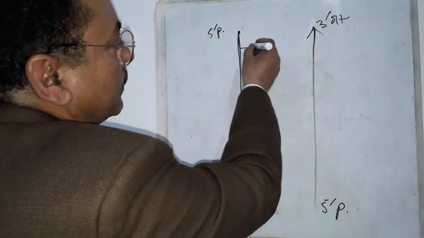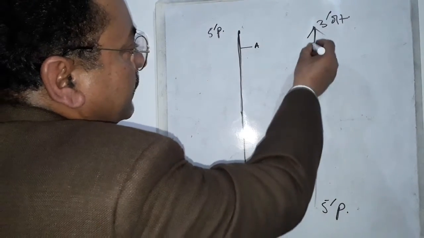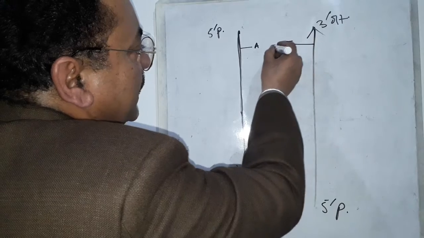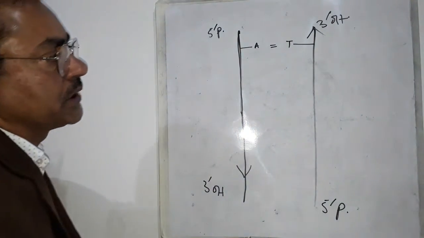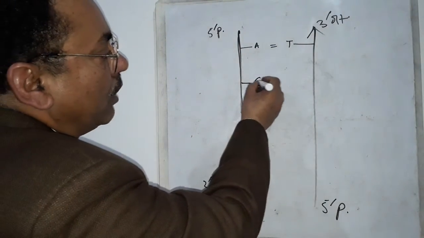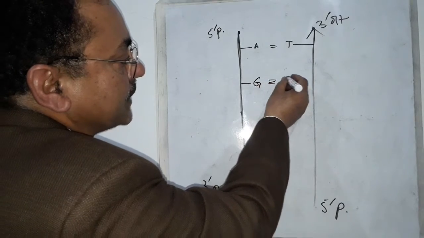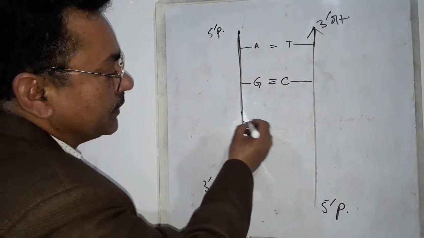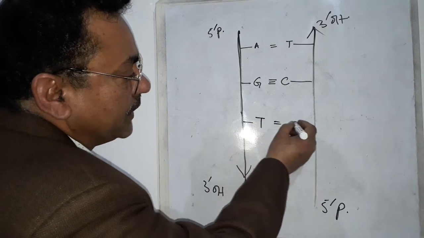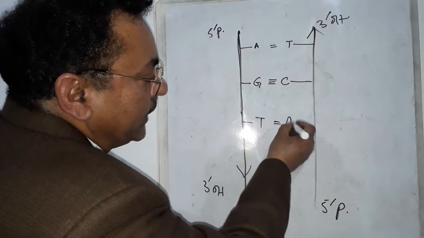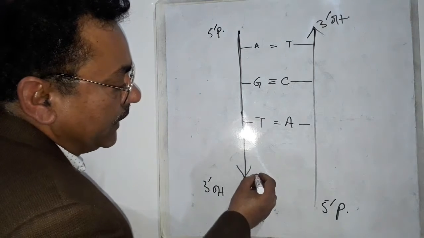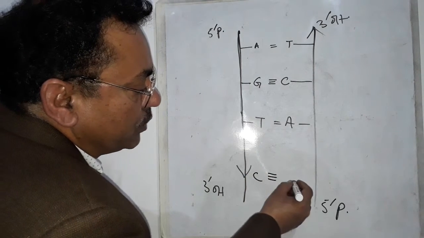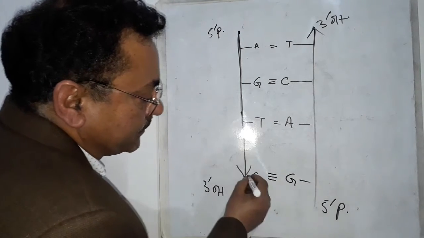Now, adenine is paired with thymine by means of a double hydrogen bond. Here guanine is paired with cytosine of this by means of a triple bond. Here thymine is double bonded to adenine of this. Here cytosine is triple bonded to guanine of this.